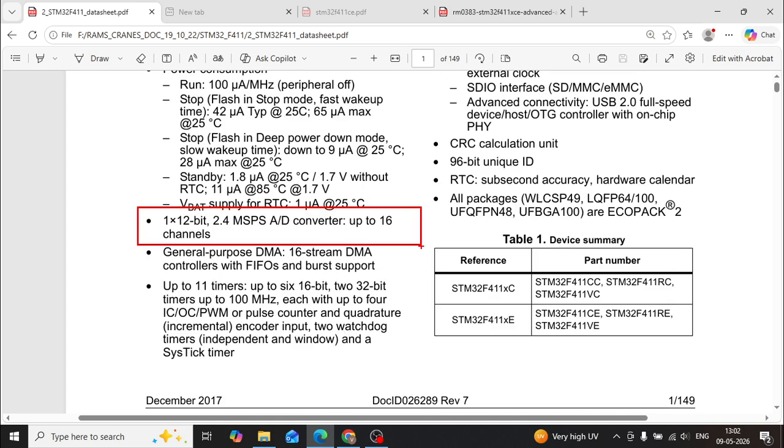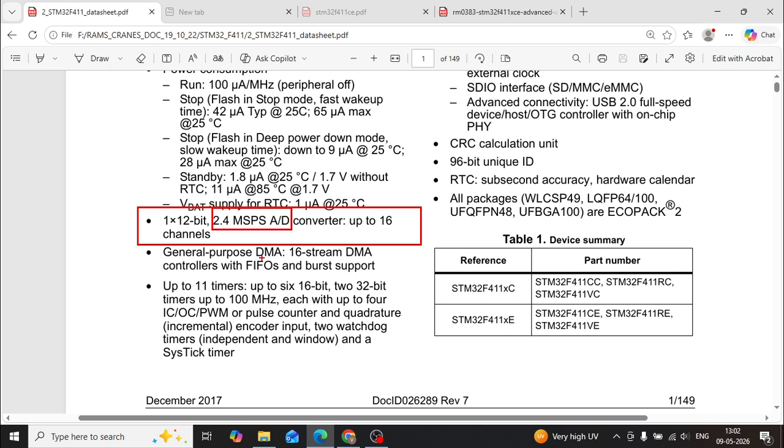When it comes to the peripheral part, you can see ADC here. In this microcontroller we have a 12-bit ADC with up to 16 channels, and 2.4 mega samples per second.